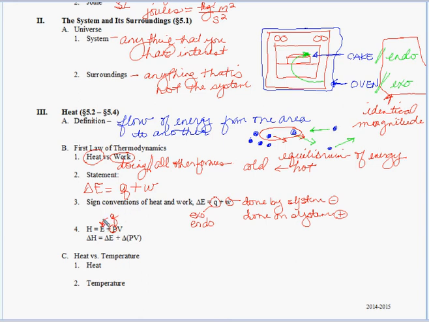So the Q value that we're looking at is the Q value of heat. The work value should be how the pressure and volume are changing. And so when we look at heat, this H, that is our enthalpy.